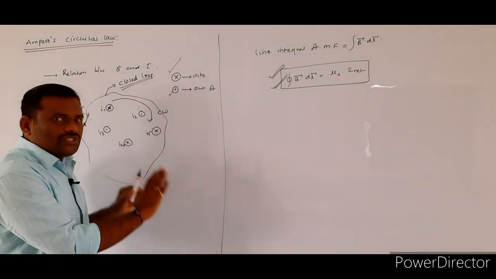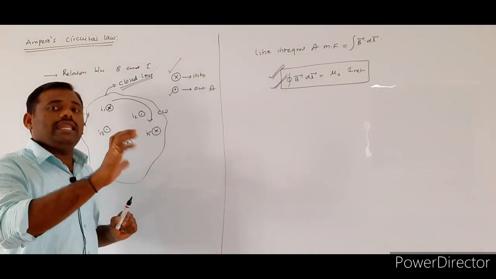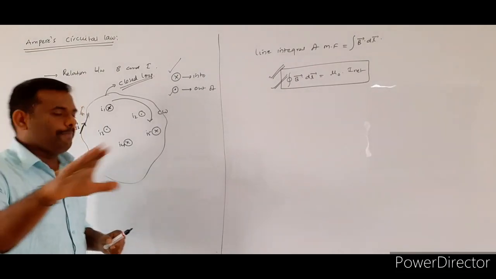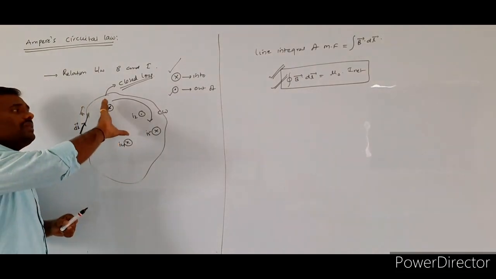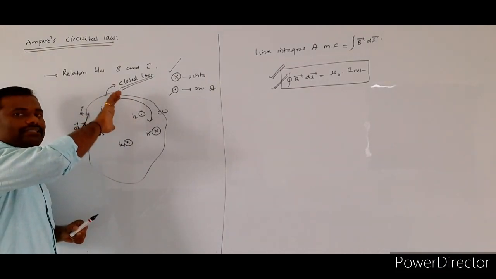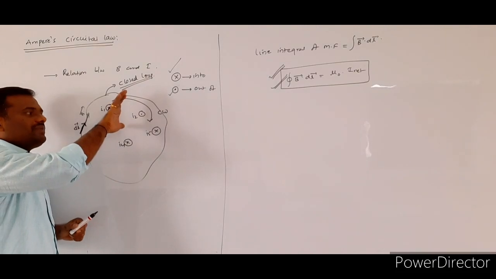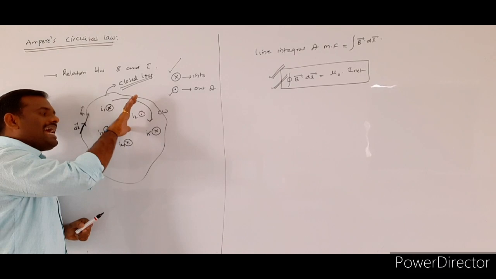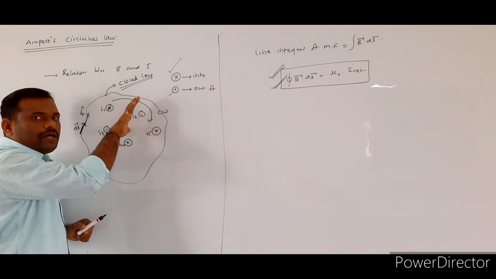Now, if you understood the way of curling of the fingers, now we have to speak about the direction of the thumb. See, while you are curling the fingers in the clockwise direction, if you observe the thumb, the thumb is acting into the plane of the paper.